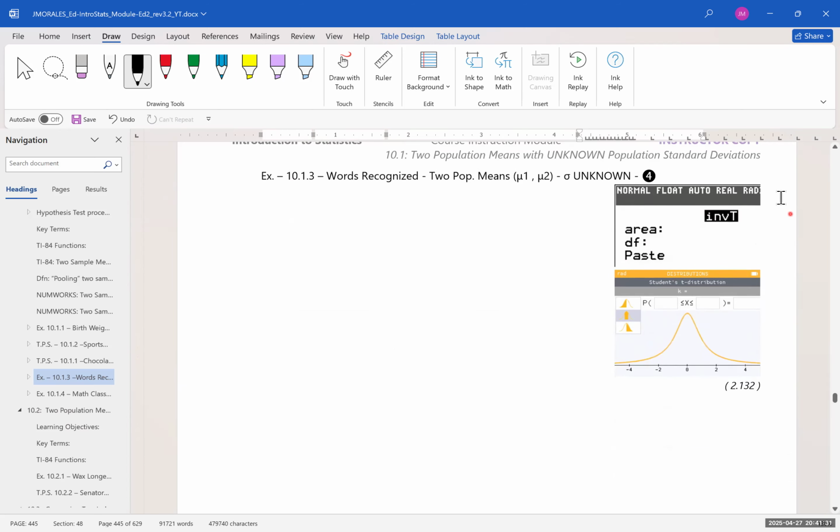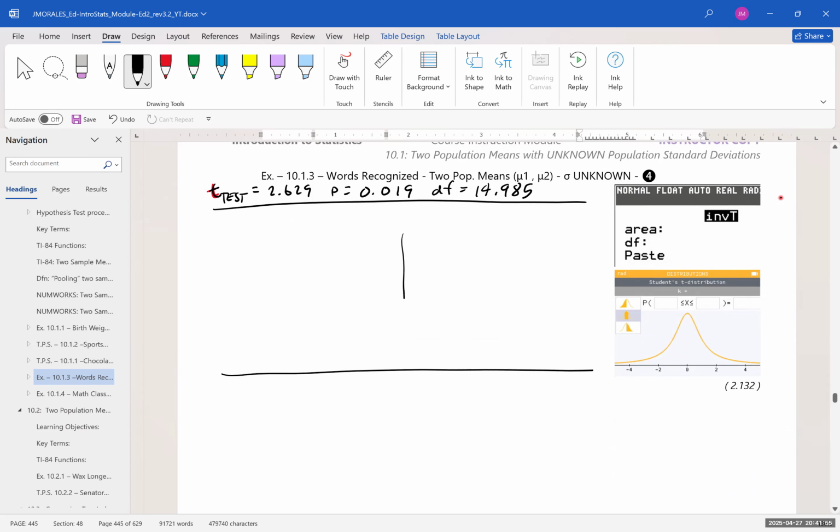So I'm going to write down my values. So we have 2.629, p-value of 0.019, and degrees of freedom equals 14.985. Okay, we need to draw a student's T, the center of 0.